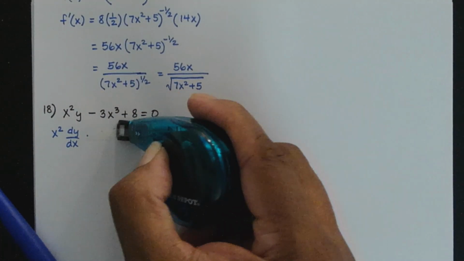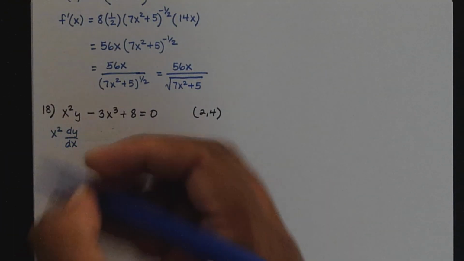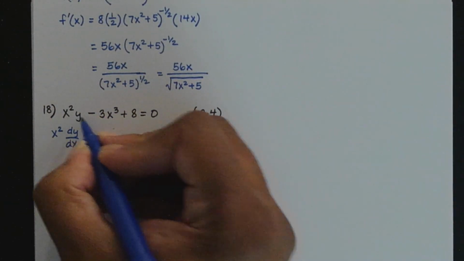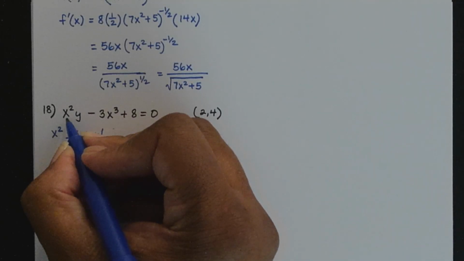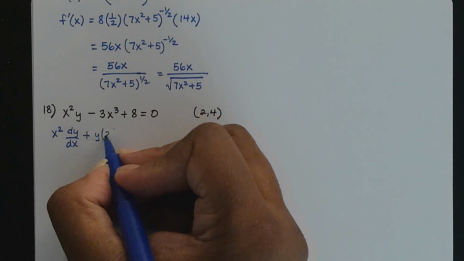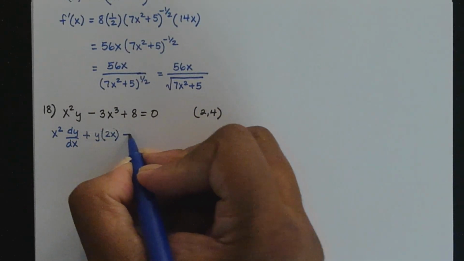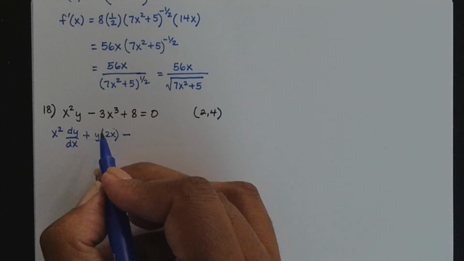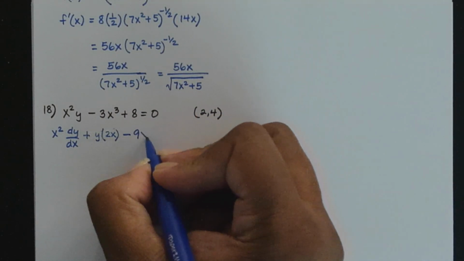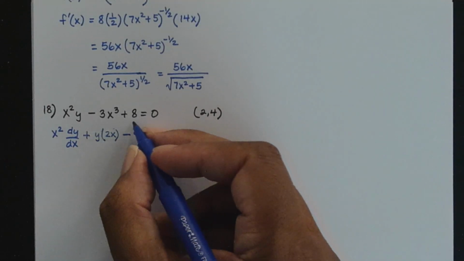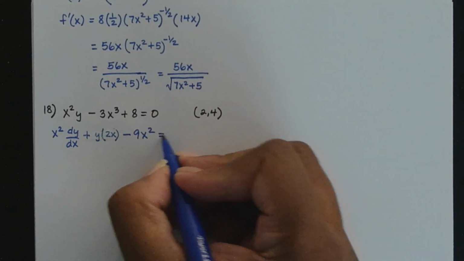I only took the first times the derivative of the second, but I forgot to put the second, which is the y, times the derivative of the first. What's the derivative of x squared? 2x. Now we can do the derivative of minus 3x cubed. That would be minus 9x squared. Derivative of 8 is 0.